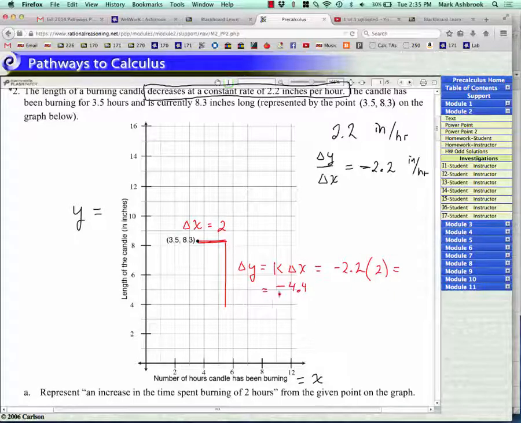All right, so now that gives us a new kind of situation. We have now a new point on the graph, which represents 2 hours later and the corresponding length of the candle. So if it's 2 hours later, what is the time? 5.5, right? Now we're interested in the new length of the candle.